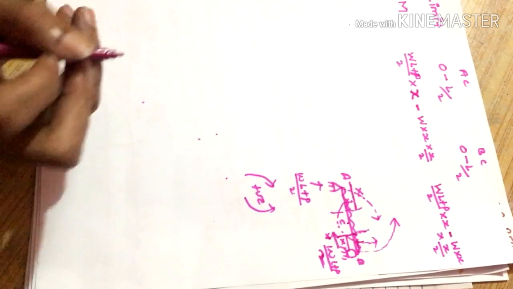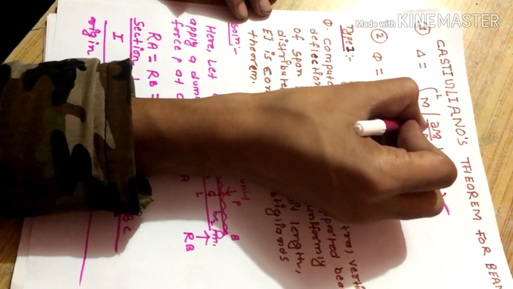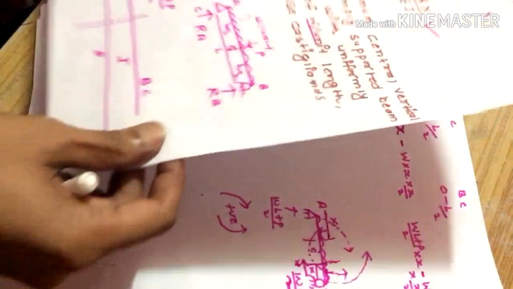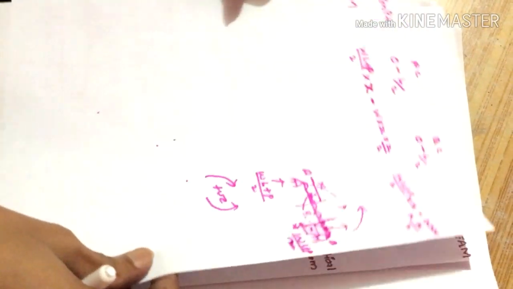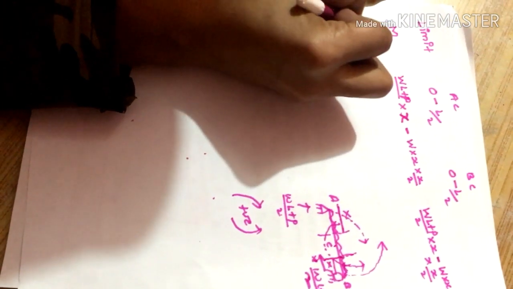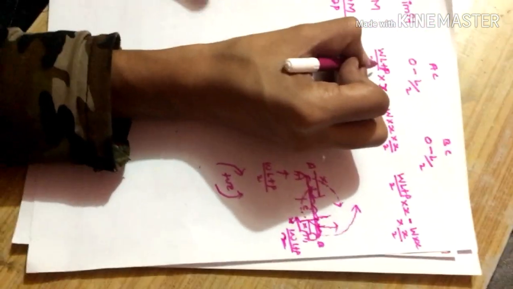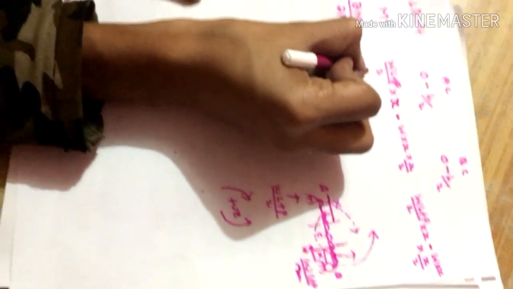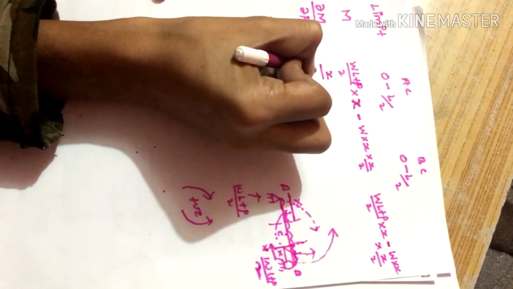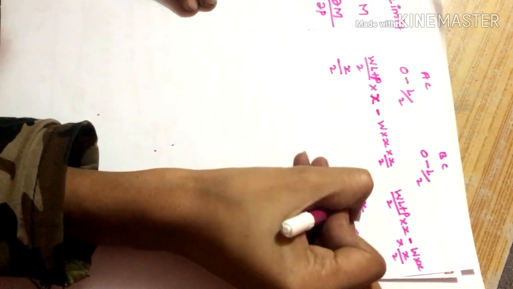Next, we have to calculate deflection, so we also have to calculate the partial derivative of M with respect to P. So calculate this, that is del M by del P. On calculating this portion with respect to P, we get X by 2, and also here X by 2.